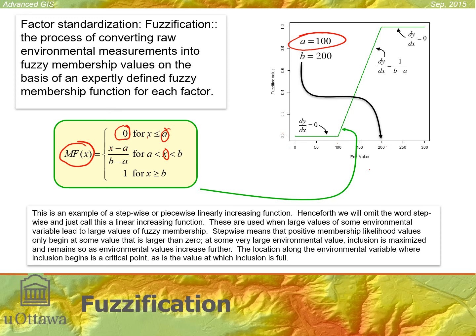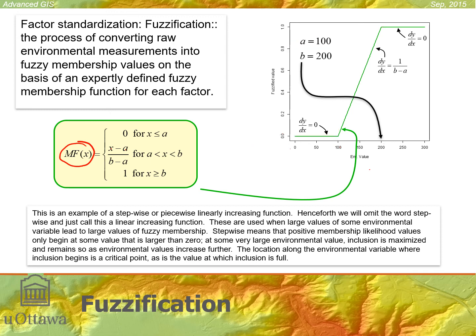So x is anything between 100 and 200. Then it's 1 for all x values, again, the environmental values here, growing degree days, greater than or equal to b, which is 200 right here. So we have full membership at 200 and over, partial membership between 100 and 200, and no membership less than 100 in that direction.